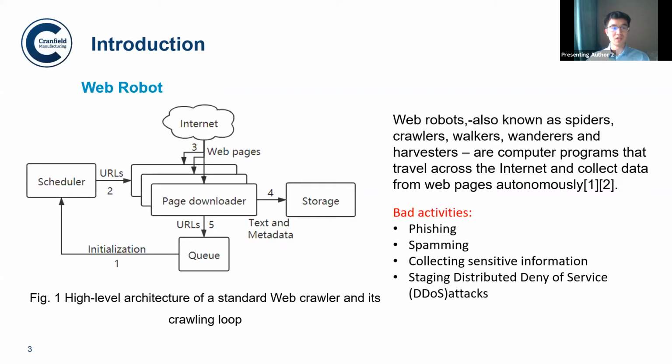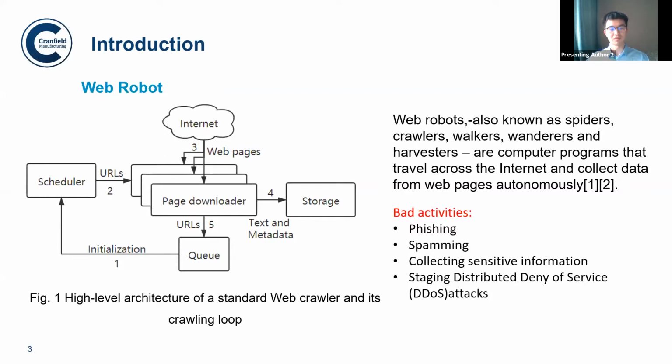You may not be familiar with it, but you must have used it because the most common use scenario for web robots is search engines, such as Google. However, it could be misused to perform bad activities such as distributed denial of service attacks, which can cause serious damage to traffic-focused websites or companies.